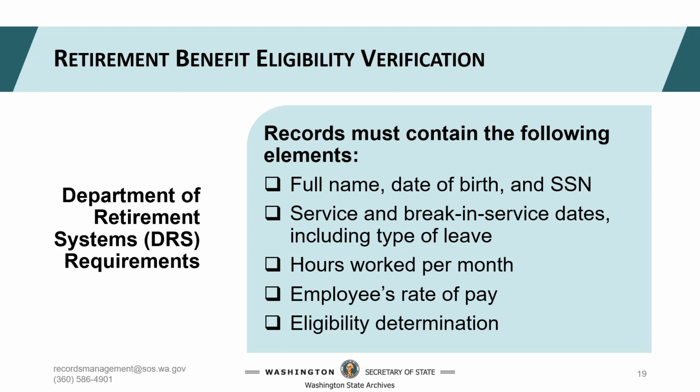To verify retirement benefit eligibility, you'll need to retain records that include the employee's name, date of birth, social security number, service dates, break in service dates including the type of leave, hours worked, compensation, rate of pay, and eligibility determination. Retirement verification records are retained under core and the state general schedule. Both schedules require a lengthy retention period of 60 years or more.